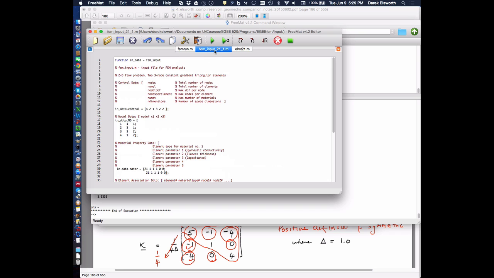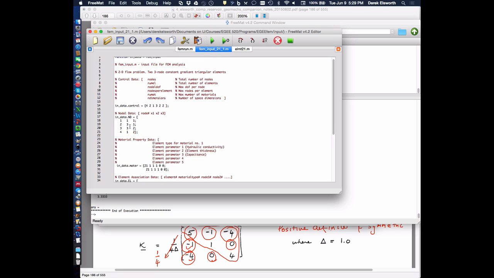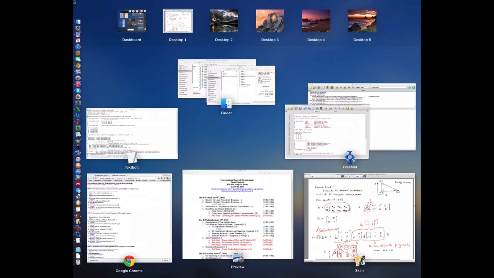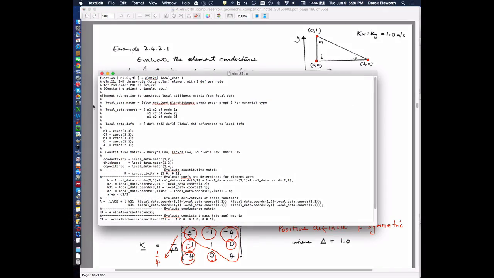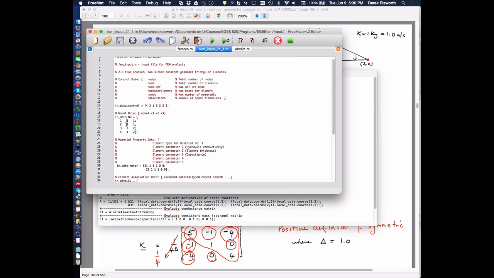This is the data file, and you might recognize this. This is the actual example, right? These are the nodal coordinates. Node number 1 is x equals 1 and y equals 1. I think this is node 2, so this would be x equals 3, y equals 1.